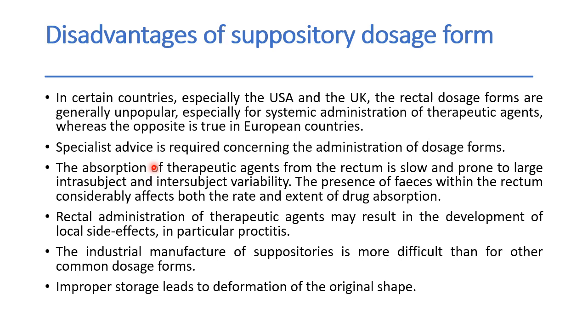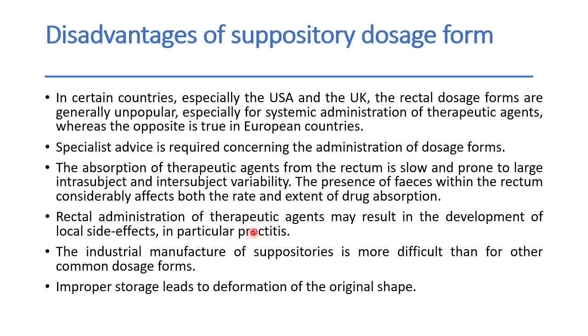The other drawback is that the absorption of the therapeutic agent from the rectum is slow and prone to large intra- and intersubject variability. The presence of feces or stool in the rectum will affect the rate and extent of drug absorption.